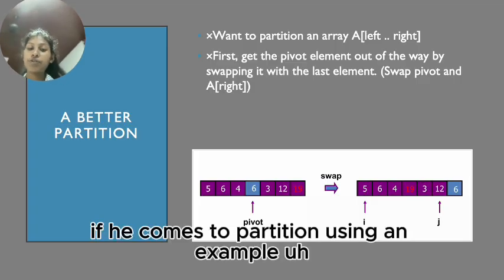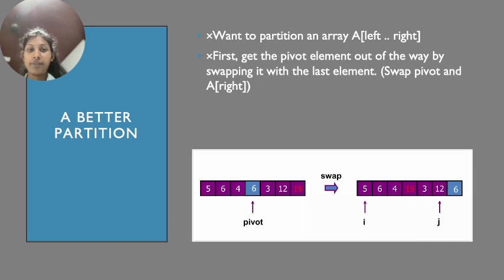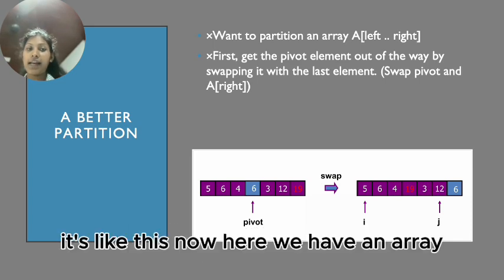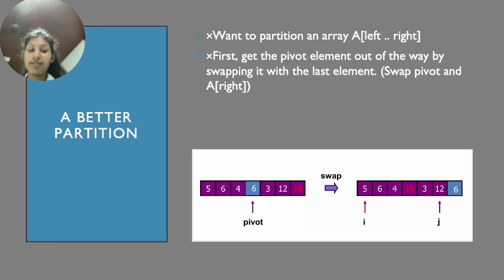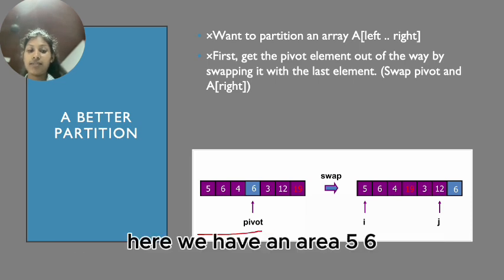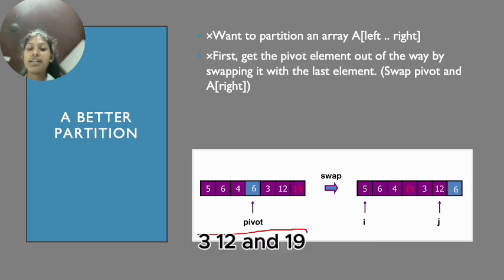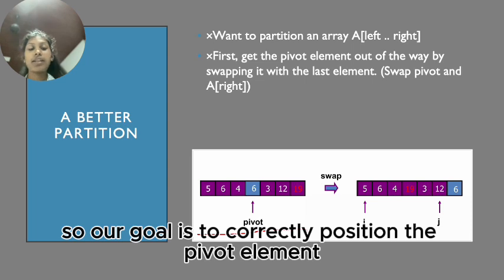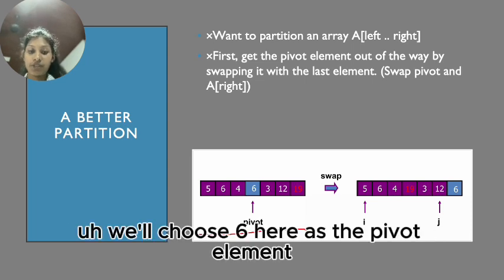Now let's look at partitioning using an example. Here we have an array: 5, 6, 4, 6, 3, 12 and 19. Our goal is to correctly position the pivot element. We'll choose 6 here as the pivot element.